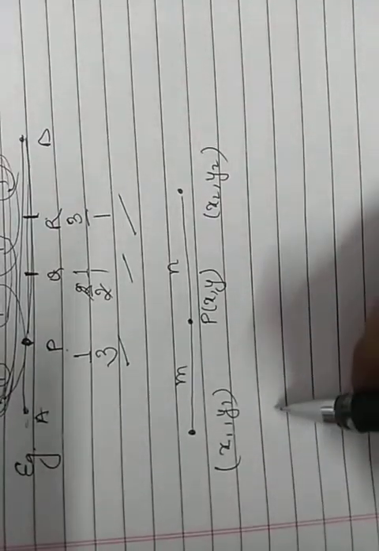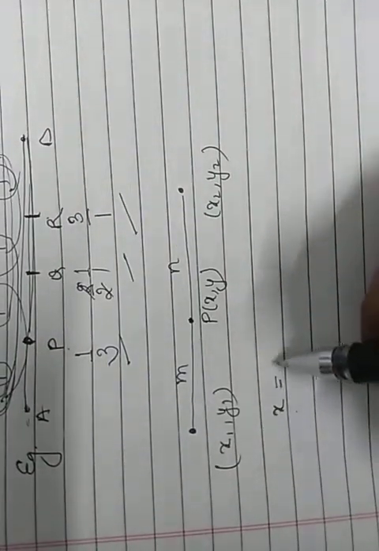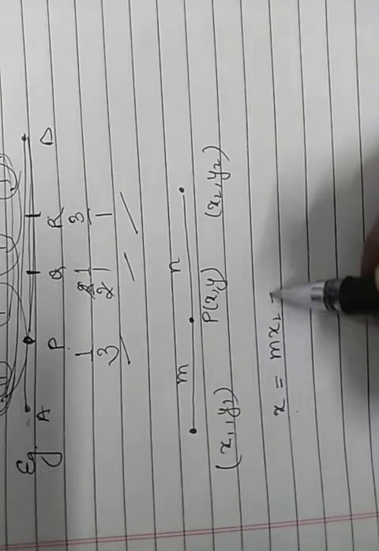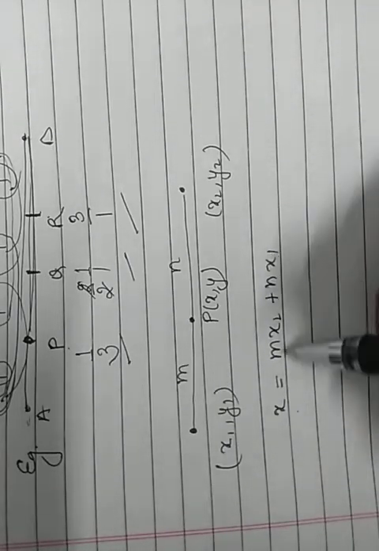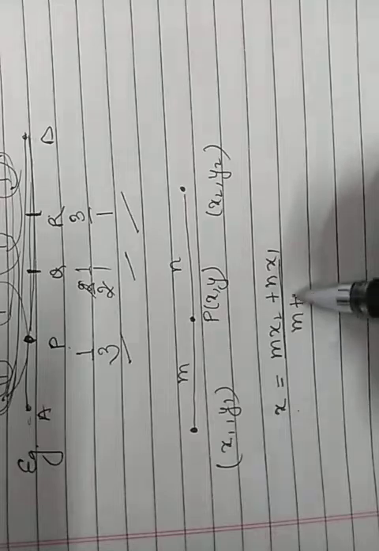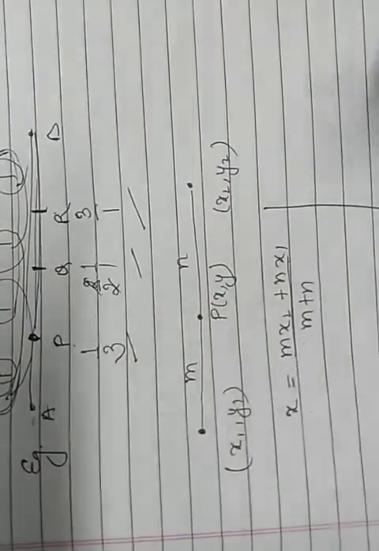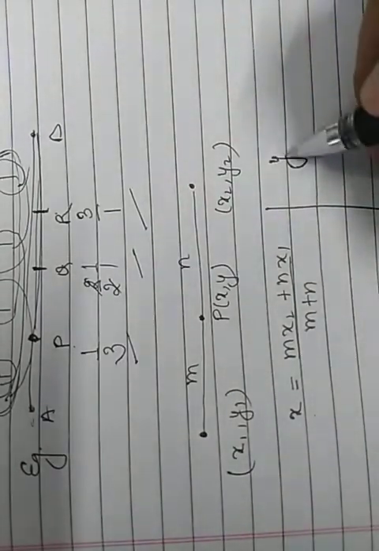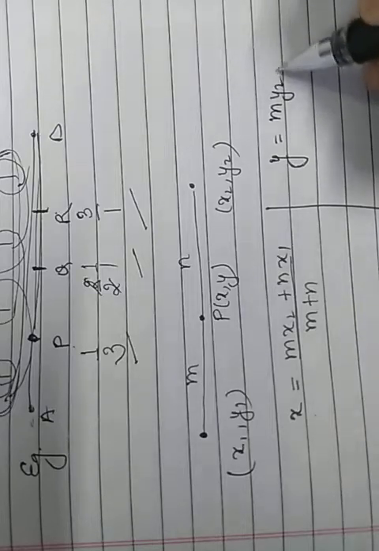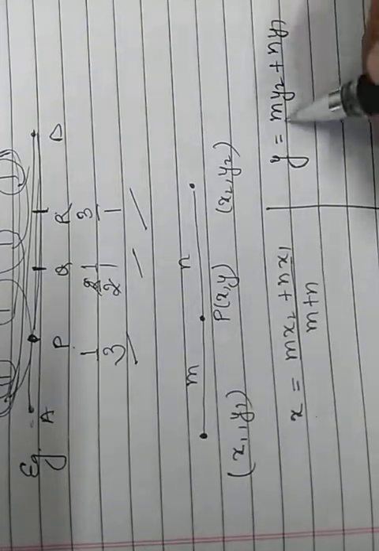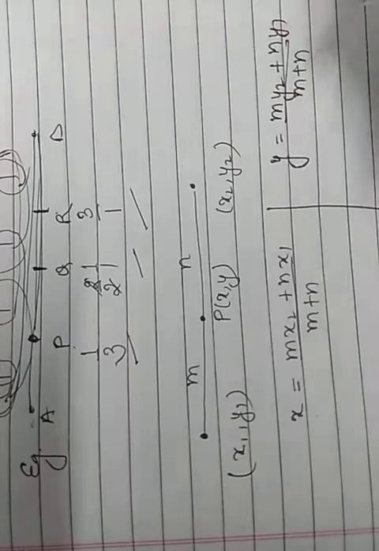In that case, we will modify the formula. So the formula is x is equal to mx2 plus nx1 upon m plus n. Similarly, y is equal to my2 plus ny1 upon m plus n.